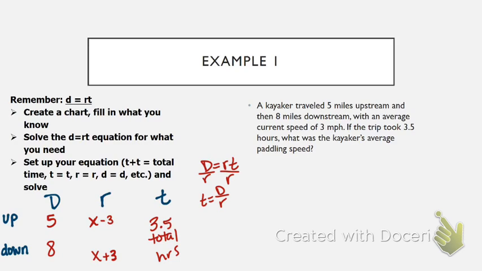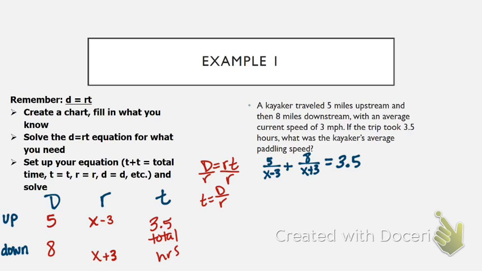So if I take the distance divided by rate of upstream, and the distance divided by rate of downstream, that took me a total of 3.5 hours. If I take my upstream information plus my downstream information, it took me a total of 3.5 hours to complete my kayak trip.